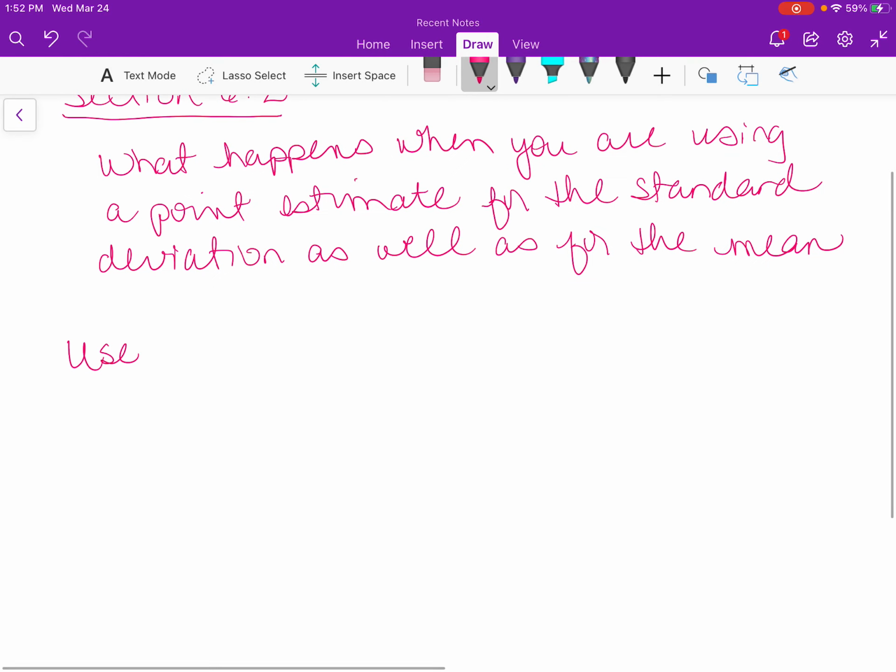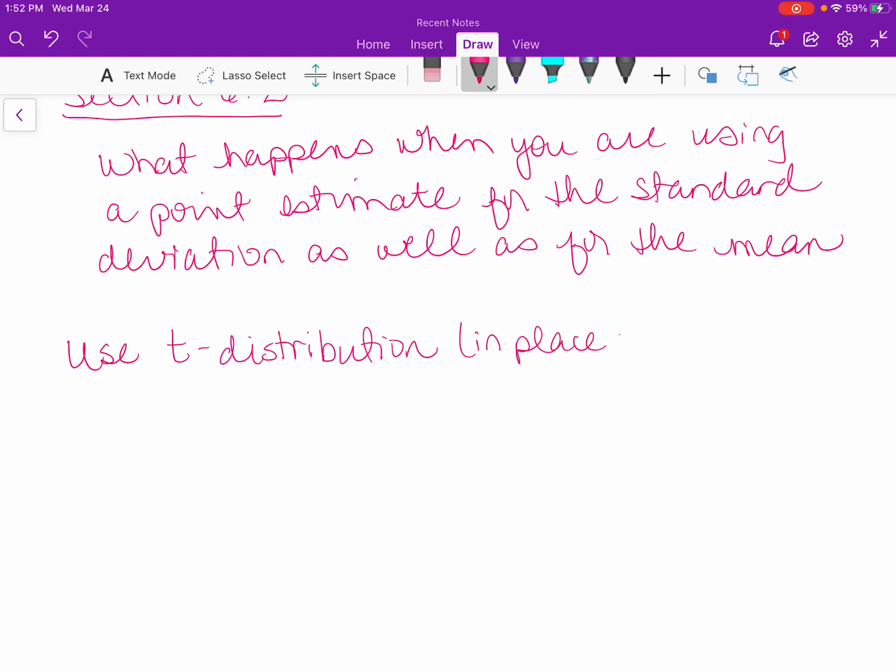And if that's the case, we're going to use something called the t distribution in place of the z distribution.